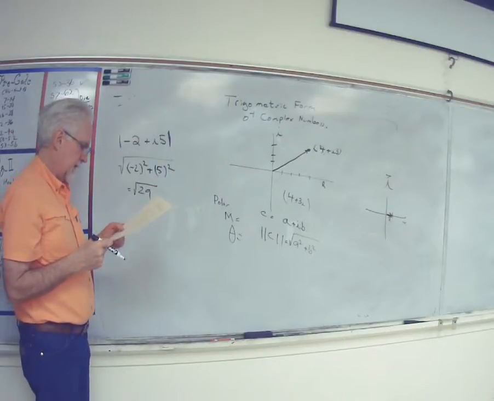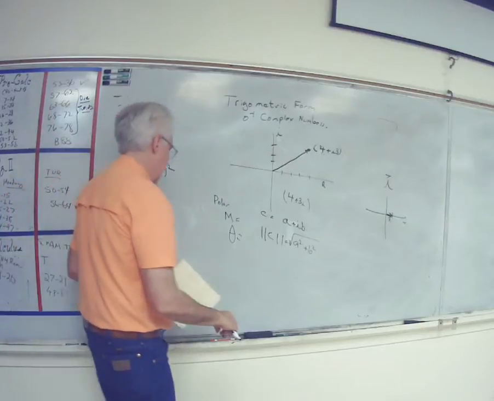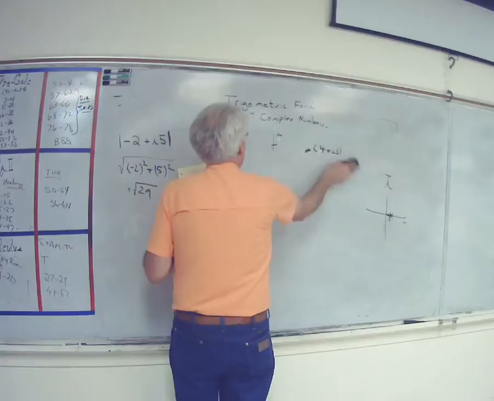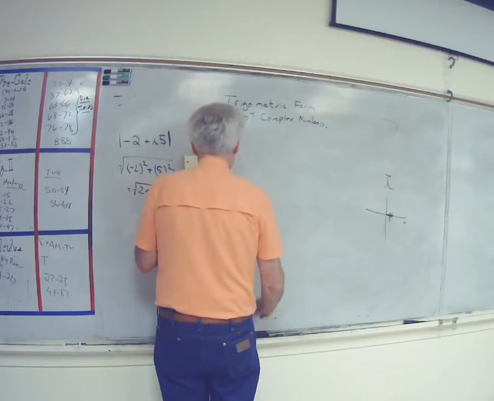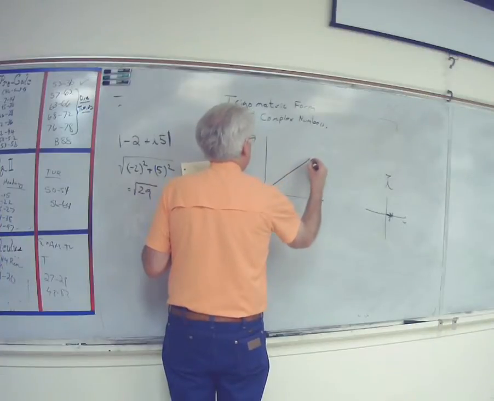That is the magnitude. Now let's think about it in terms of the component form or the polar form. Let's take that vector.